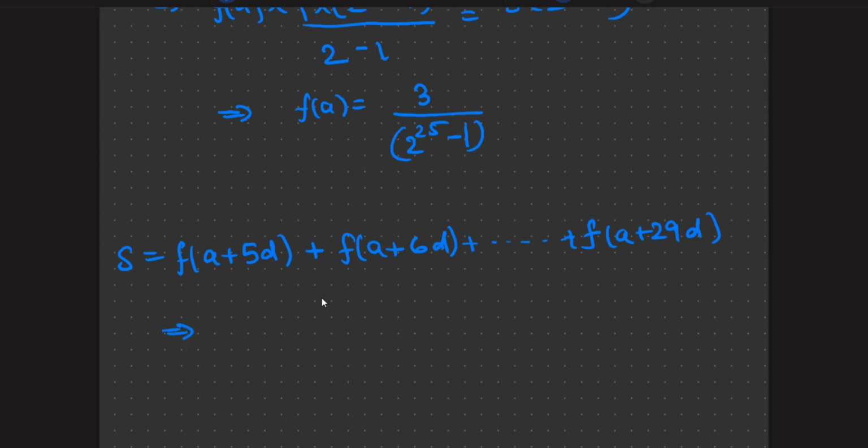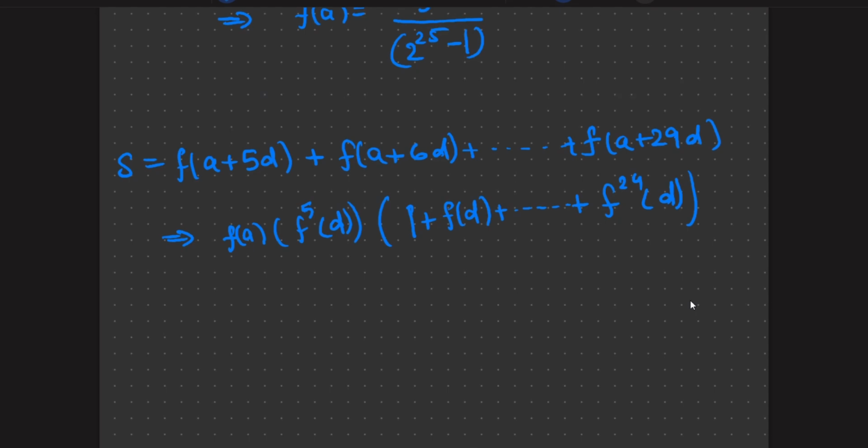Split the terms and we'll get f(a) times f(d) to the power 5. Let us take f(d) to the power 5 also common, times 1 + f(d) + up to f(d) to the power 24, since 29 minus 5 is 24, right? Yes. So we get something like this.